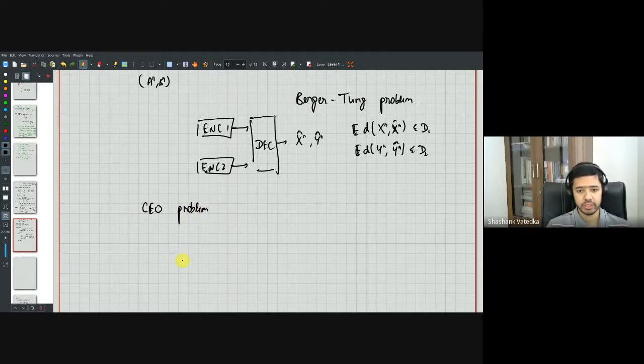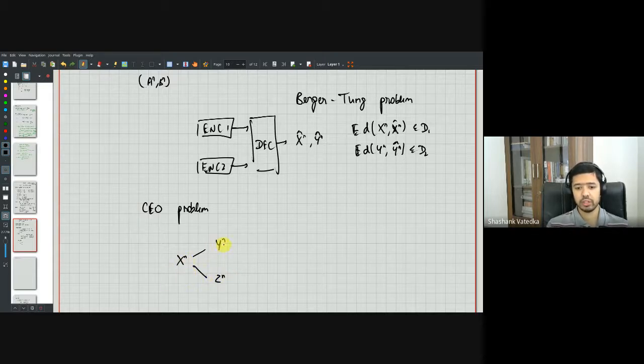which is basically the following. There is a single source, but it is corrupted independently to give yn and zn. So yn is some corrupted version of xn, and zn is some corrupted version of xn.